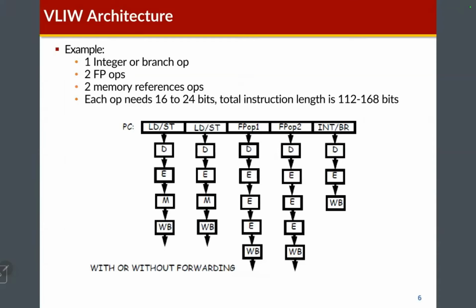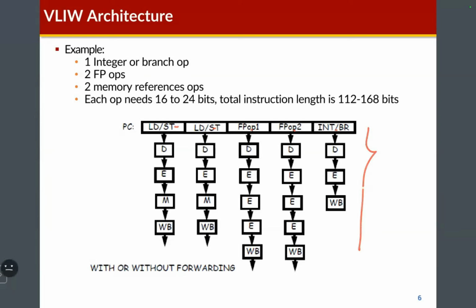This is the hardware architecture of the VLIW. As I explained, there are multiple slots for different instructions, which is very similar to the backend part of the Tomasulo algorithm.